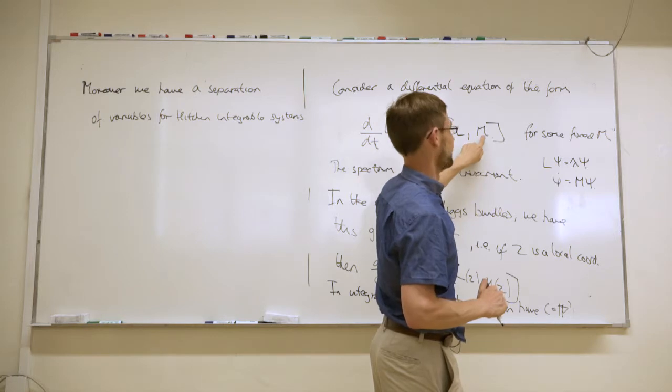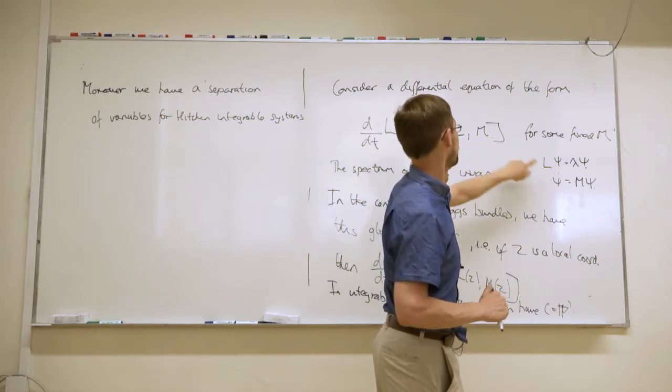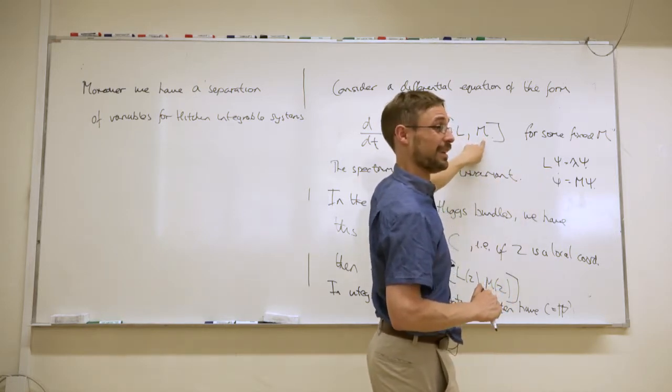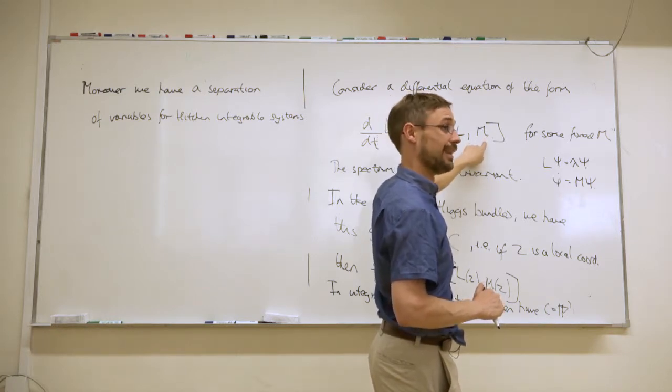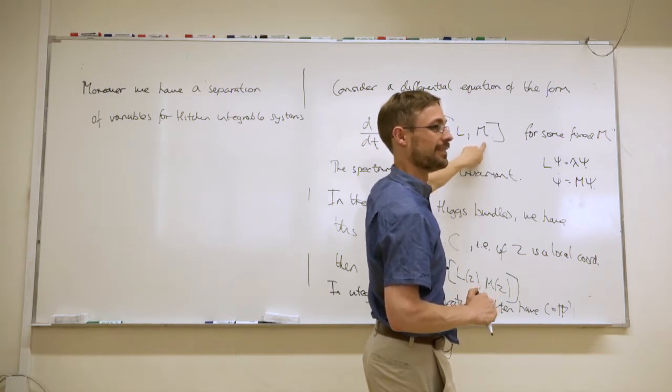So constructing this is really constructed out of a cohomology class of the line bundle. That's really the freedom you have to choose.